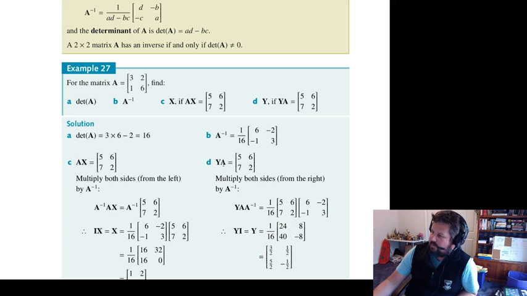In this one, A was second, so we're going to multiply by the inverse of A after that. So it's after the y. Doing that, remember you need to do it on both sides, which is what we've done here. Simplifying things down, and then from here dividing by 16, simplifying these fractions down.